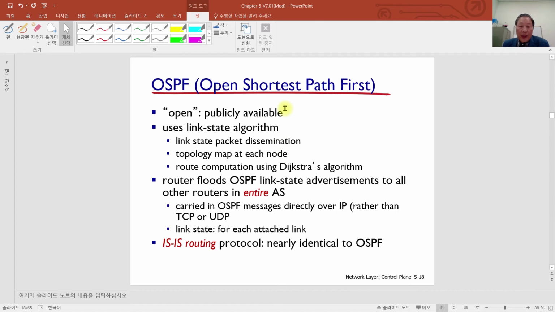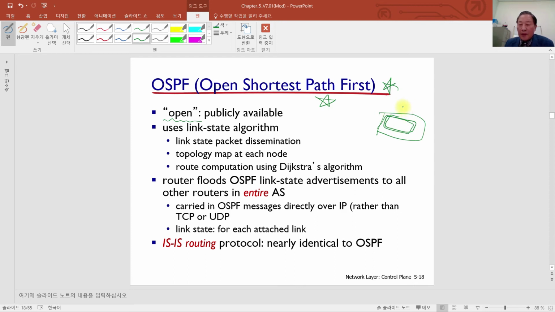OSPF is so important because it is being used a lot. Open shortest path first. Usually routers have many different kinds of protocols, and the network manager can choose among them. Those are basic protocols, and depending upon the manufacturer it may be different.